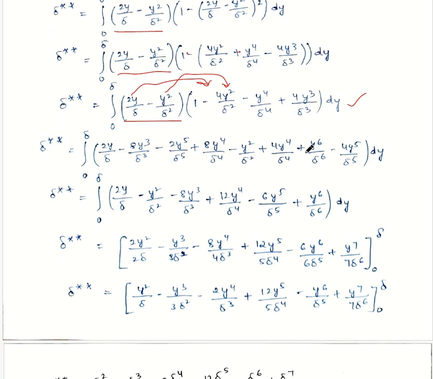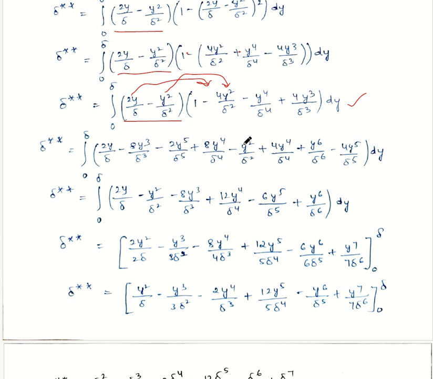So what we will get after multiplying: 2y by delta into 1 is 2y by delta; 2y by delta into minus 4y square by delta square is minus 8y cube by delta cube; 2y by delta into minus y power 4 by delta power 4 is minus 2y power 5 by delta power 5; 2y by delta into 4y cube by delta cube is 8y power 4 by delta power 4.